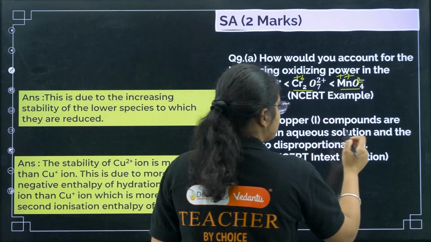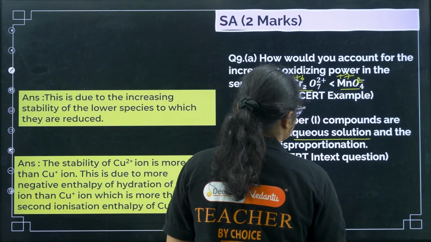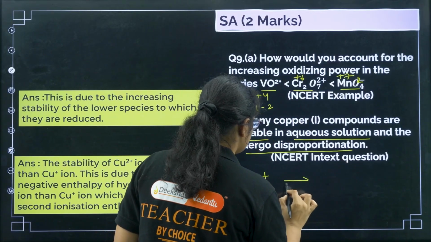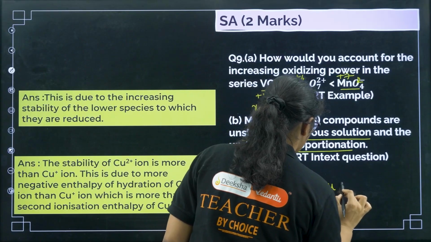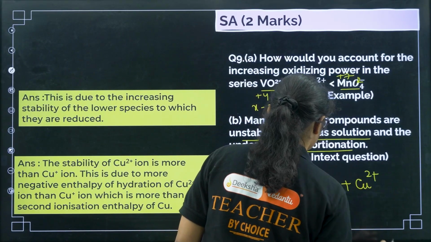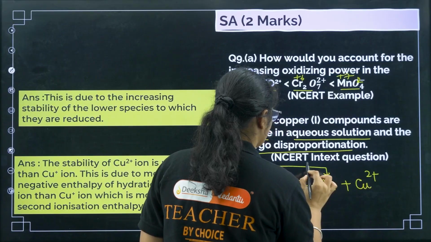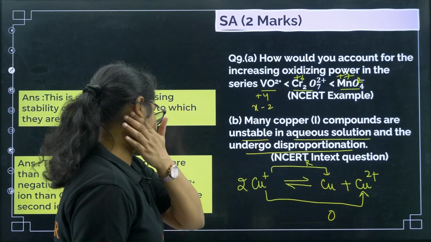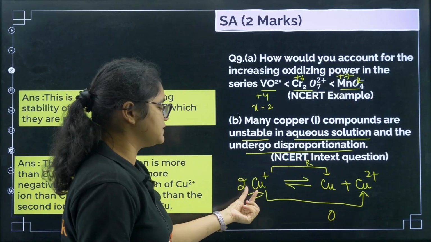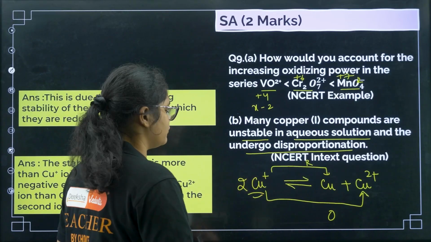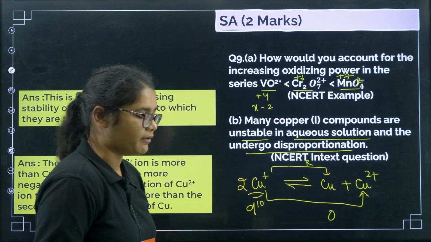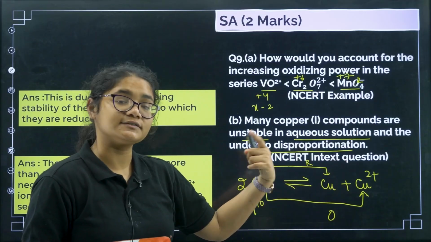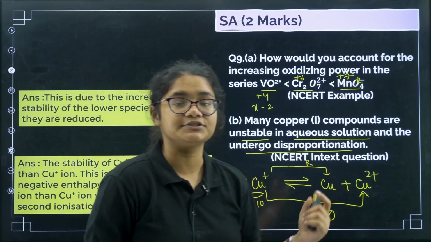Many copper compounds are unstable in aqueous solution and undergo disproportionation reactions. So Cu plus undergoes disproportionation to give you Cu plus and Cu2 plus. Okay, here to here is reduction, and here to here is oxidation. Now the question is, why is this Cu plus unstable in aqueous solution even though it has d10 configuration? Why does it go to Cu2 plus? That is because Cu2 plus in aqueous solution is more stable due to high hydration enthalpy.